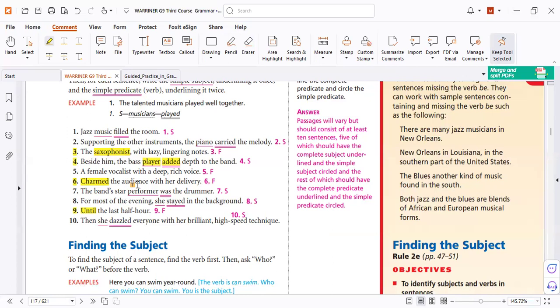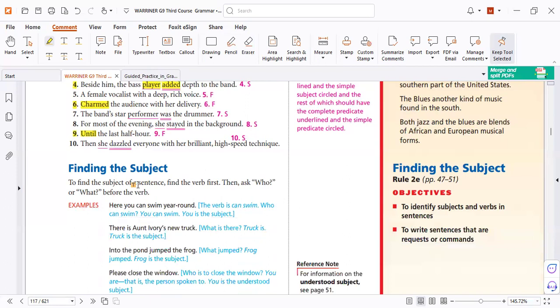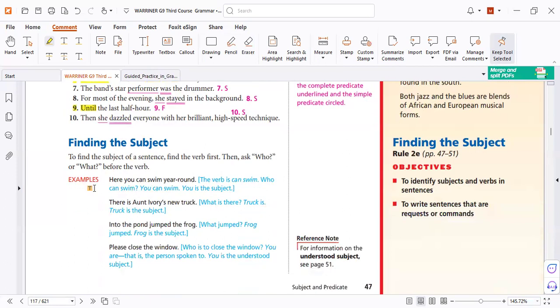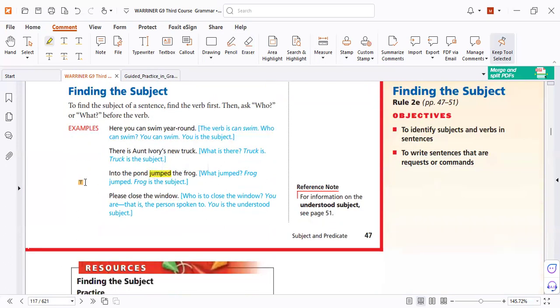Now let's see the next. All right. Now he tells me about techniques of finding the subject. So easy, as we did. Ask yourself who did the action. For example, what jumped?